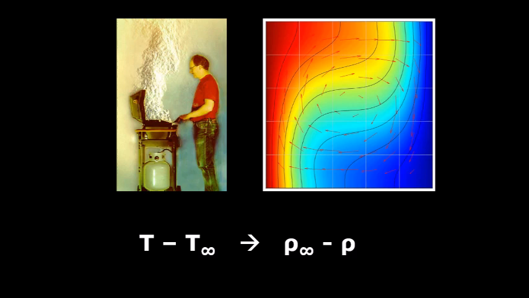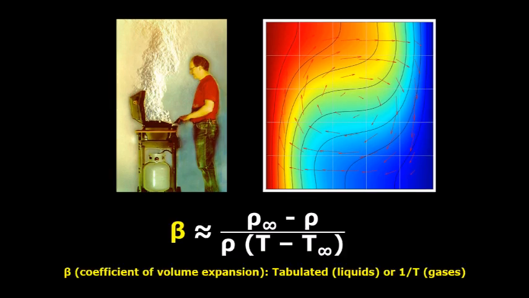Now, for analyzing natural convection processes, it's quite useful to define a new parameter, beta, which is the coefficient for volume expansion. Basically, it gives us an idea of how the specific volume or the density of a material changes over temperature ranges.